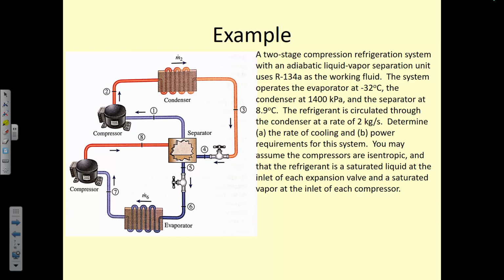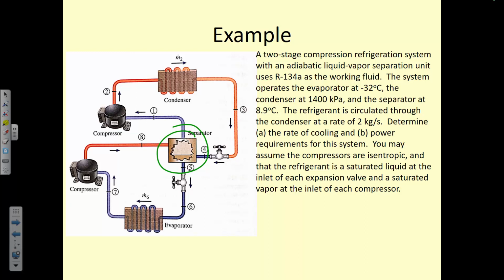Okay, two-stage compression refrigeration system with an adiabatic liquid vapor separation unit. Okay, liquid vapor separation unit, we haven't ever talked about those. But guess what? It's easy to deal with because you understand thermodynamics. With R134A as the working fluid, the system operates the evaporator at negative 32 Celsius.